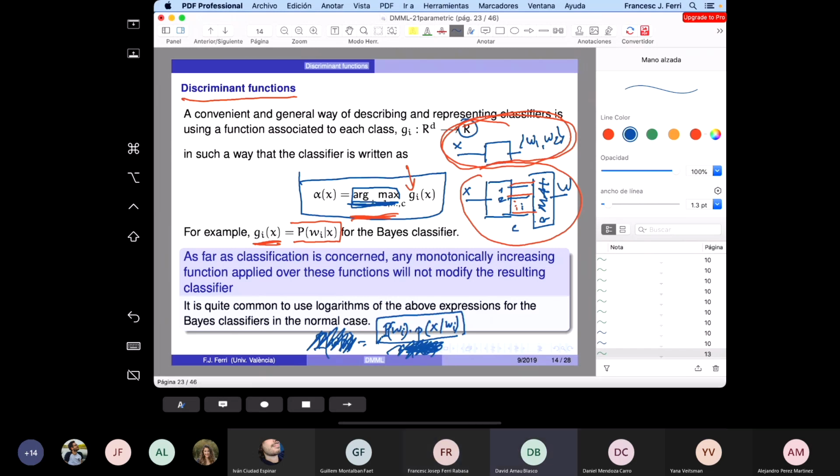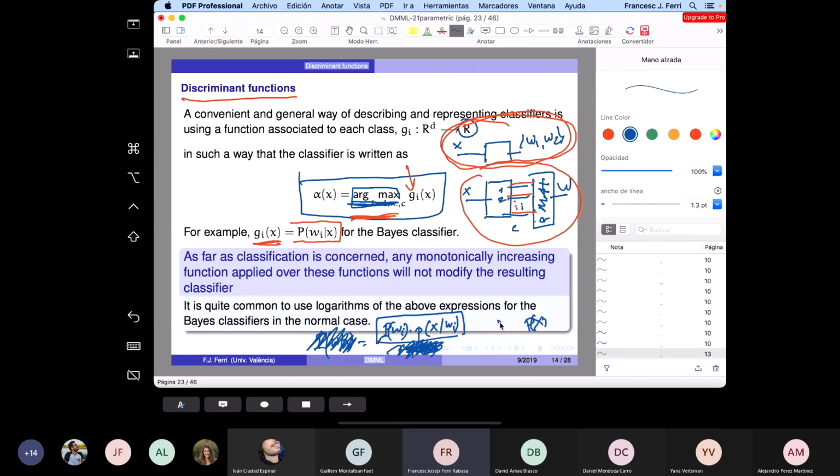Can you repeat it, please? Yes. We've seen that the Bayes classifier is the one that gives the maximum of the posterior. This means that the posterior is a discriminant function of this classifier. What if I multiply this posterior by p(x), which is independent of the class?